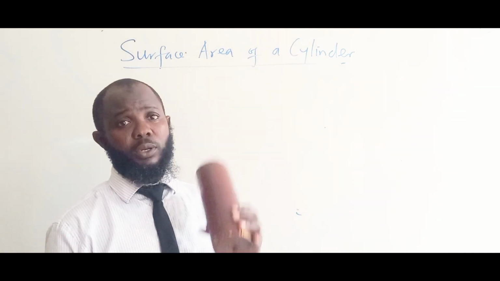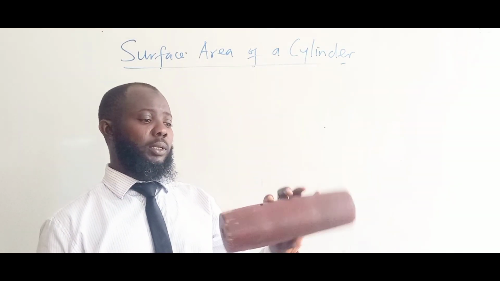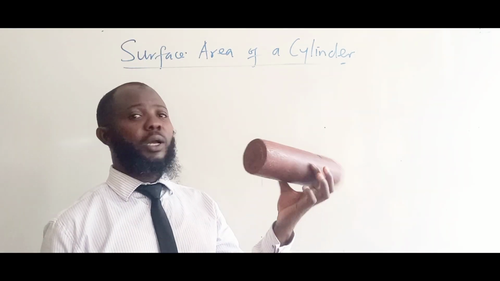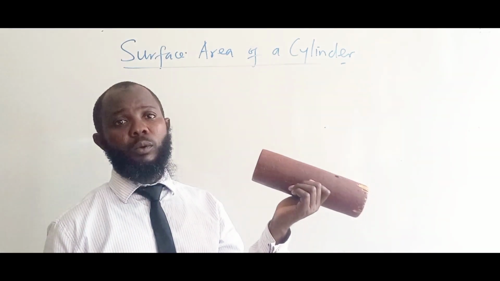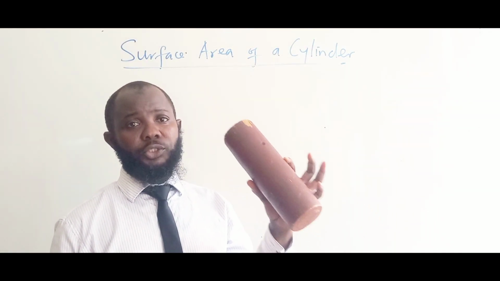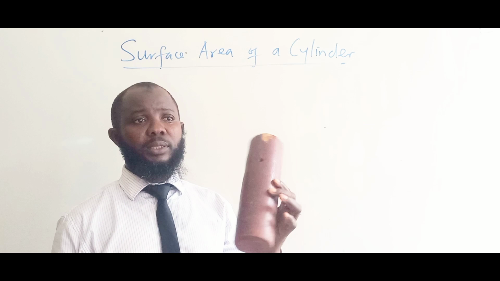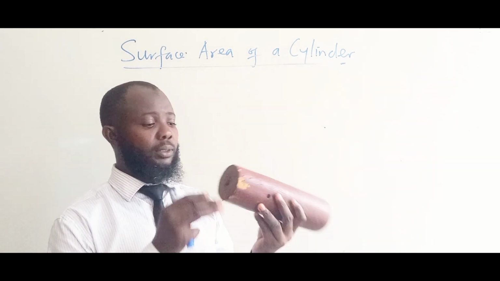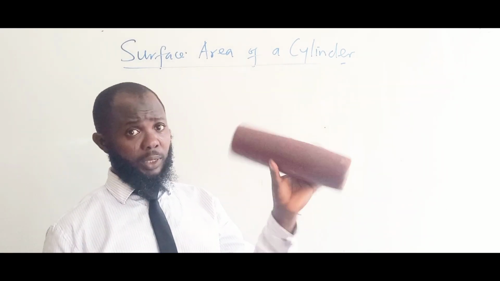A cylinder is a solid that has some properties that we need to look at. Firstly, when we talk about solid shapes or 3D shapes, we're talking about a shape that is like a container that you can put something inside, like this. This is a solid.